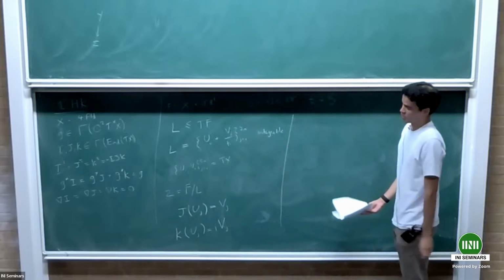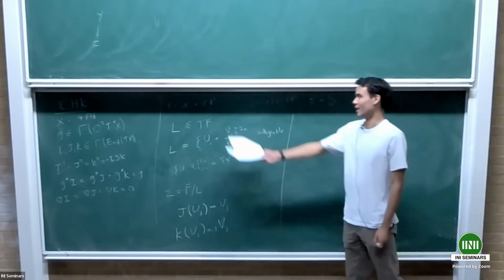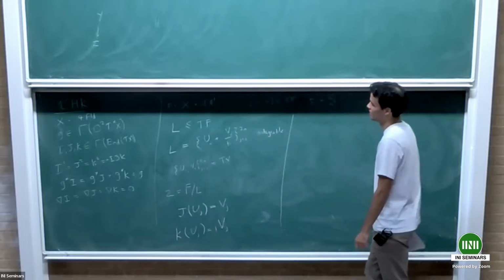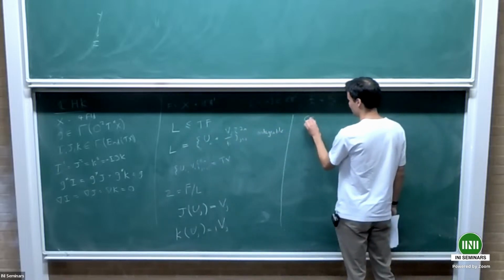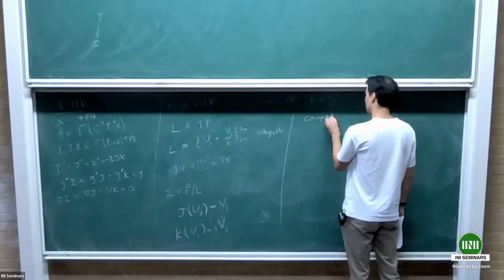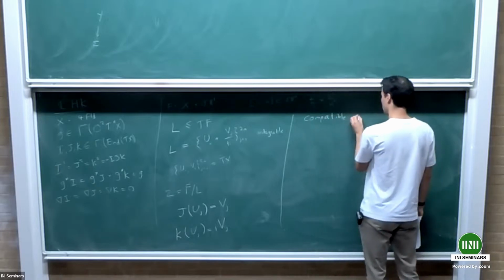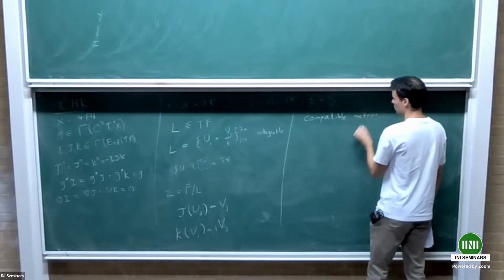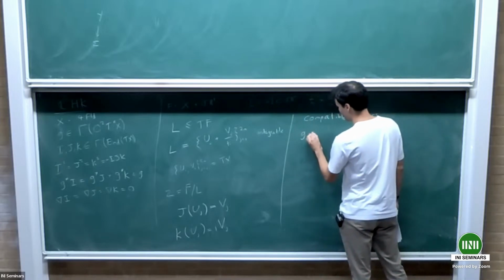And there's also a distinguished family of metrics on X associated to this distribution. I call these the compatible metrics. These are metrics of the following form.